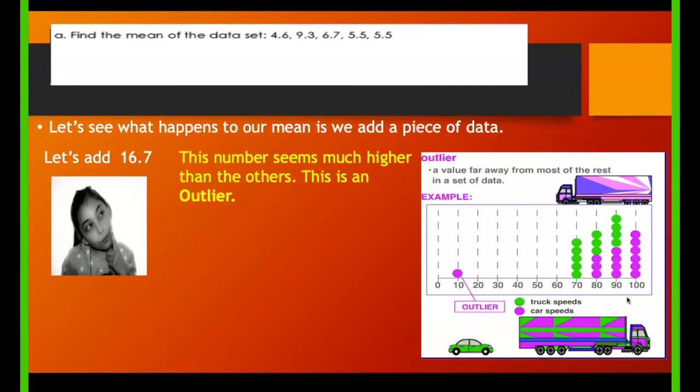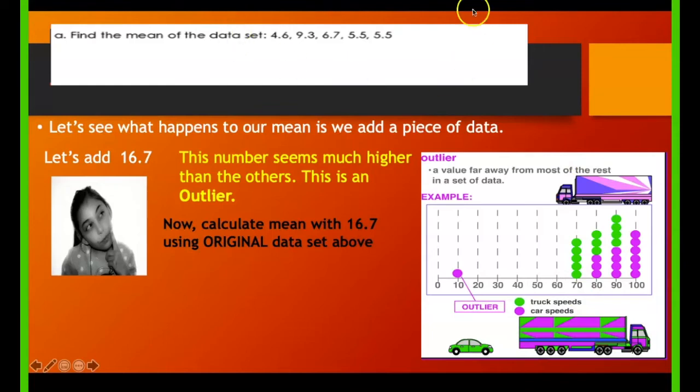So go ahead and pause it and you can write the definition of what an outlier is. Now, we're going to calculate the mean with our 16 7/10 with the original data. So remember, the original data is here.